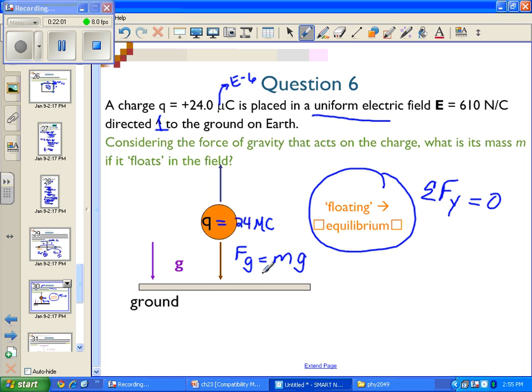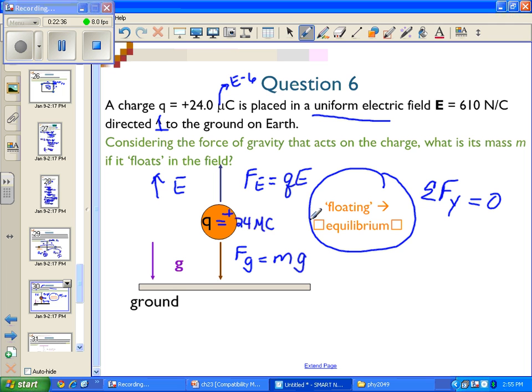There is only one way that this charge can have no net force on it, and that is if the electric force has the same magnitude but is opposite in direction, in other words, upward. So here we're going to draw an additional arrow to indicate that the electric field must be upward. This is a positive charge, and positive charges experience electric forces in the same direction as the electric field.